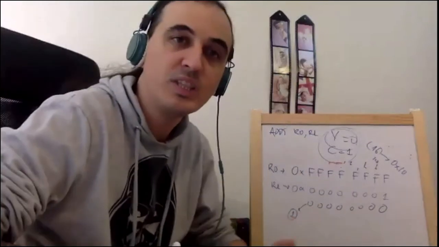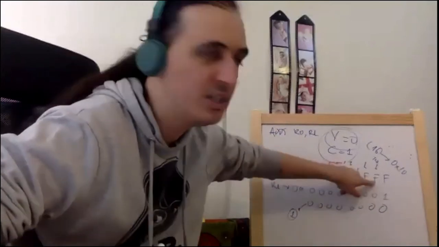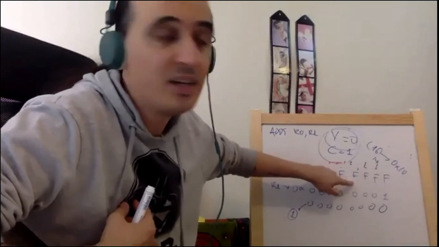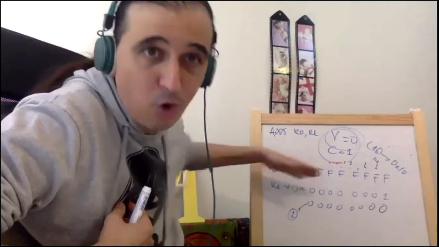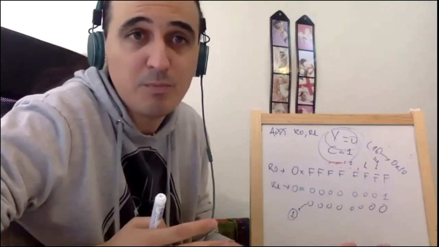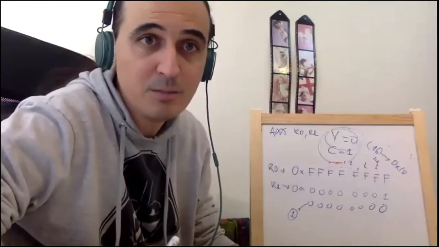The problem is with the unsigned case. If this is an unsigned number, this is the largest number I can represent. In 32 bits, is there a number which is larger than this? No, they're all 1. If it is all 1s, you cannot make it bigger in binary, right? Everybody get my point here?